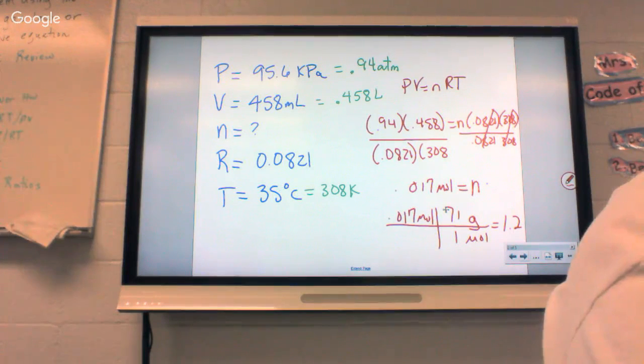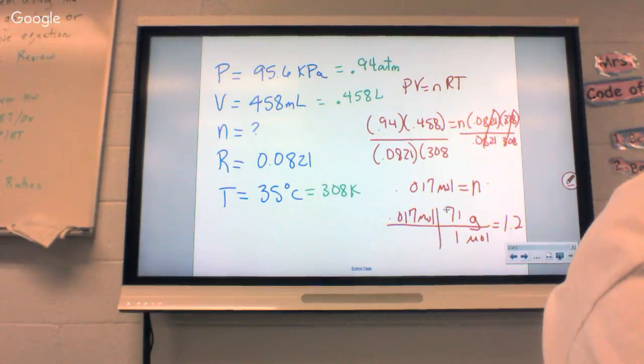4B should be around 78 liters. 5B, around 0.25 moles. 6B, somewhere around 5.5 grams. And 7B, somewhere around 2.8 liters. Questions, issues, concerns?